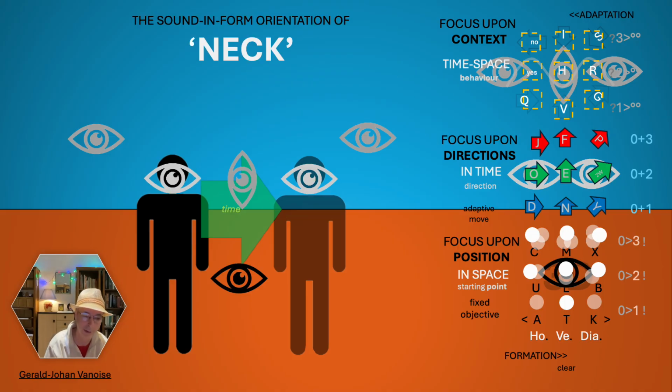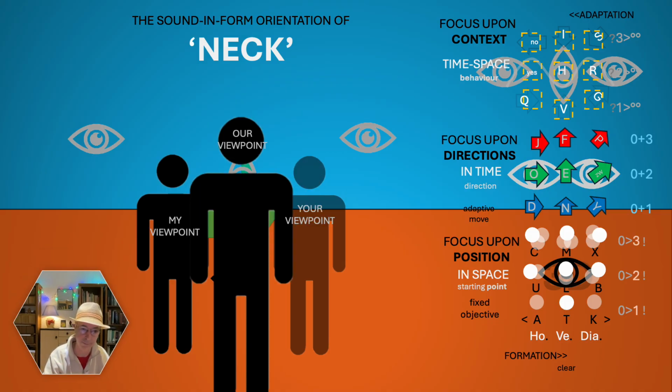Then we can go to the neck. Two positions here, my position or your position, are needed when we time certain things, of course. But we can have a middle position as well, so that we organize something from a general view, and then we can say, okay, this is my viewpoint and your viewpoint, which I can look at even from a neutral point of vision. These are helping tools, but they can fit within that organization field.